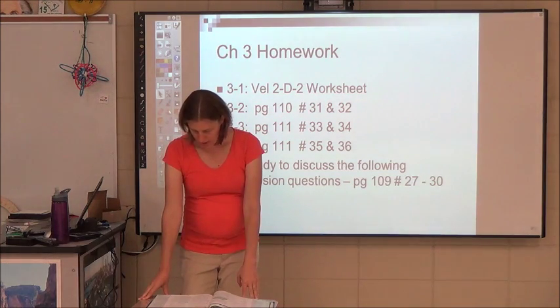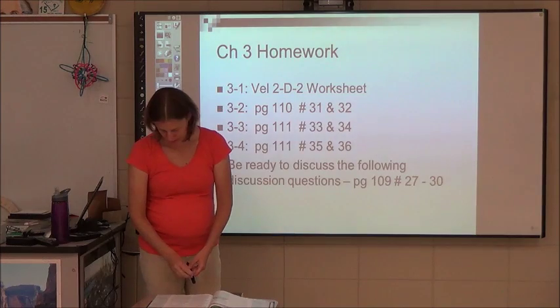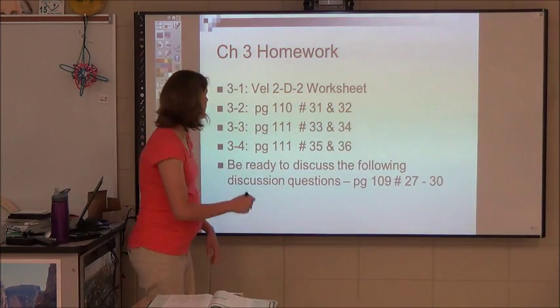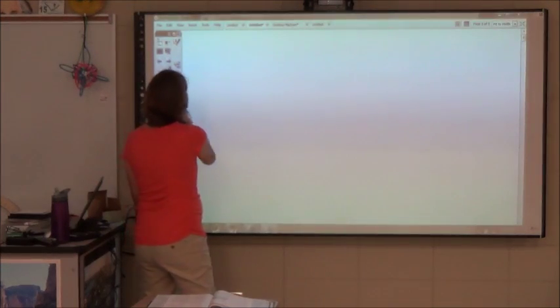28. If a rock is dropped from the top of a sailboat's mast, will it hit the deck at the same point whether the boat is at rest or in motion at constant velocity? Well, draw a little boat.